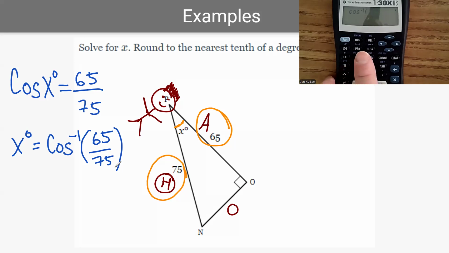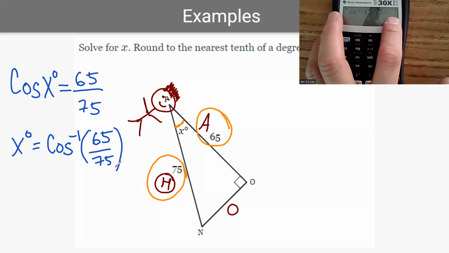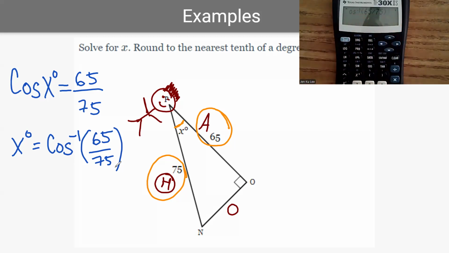So the inverse cosine of 65 divided by 75. If your calculator types out like this, you have to push the inverse of cosine first.